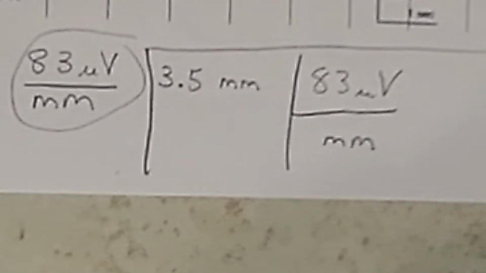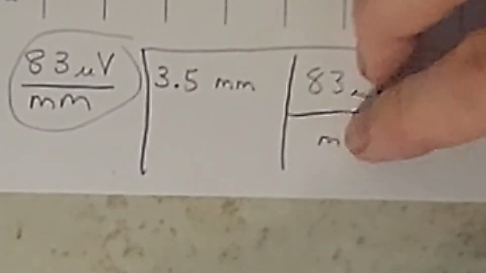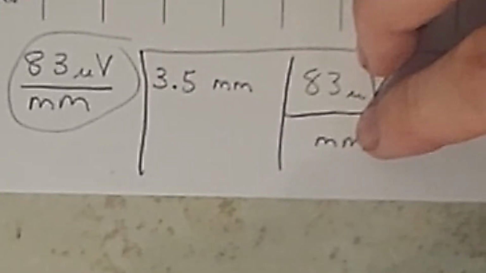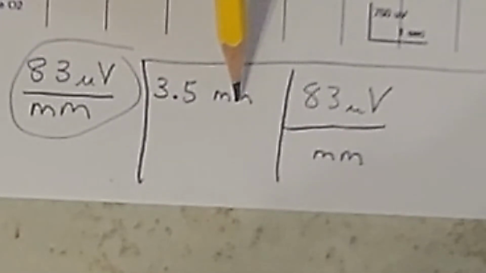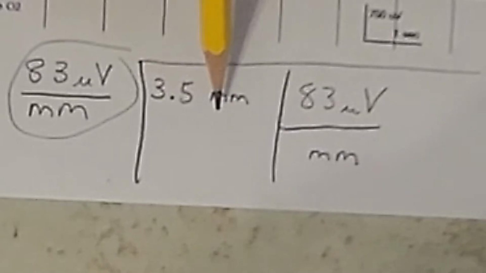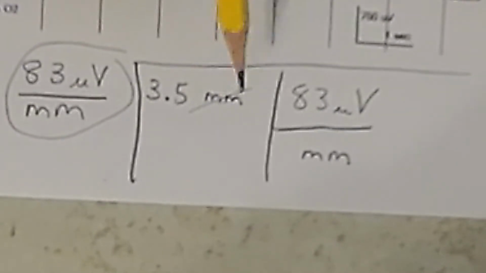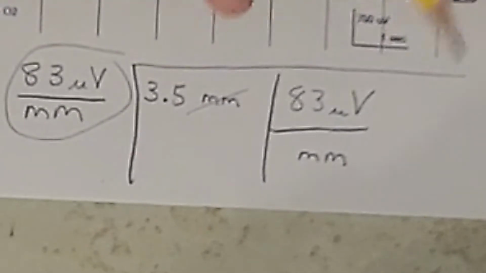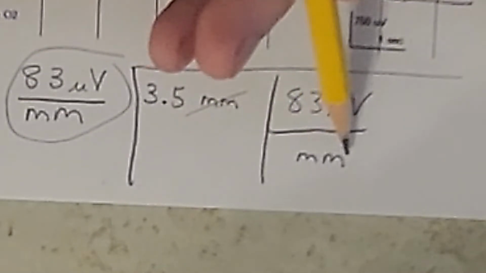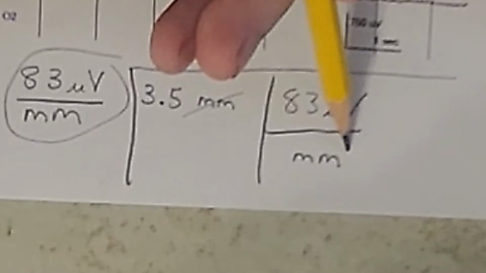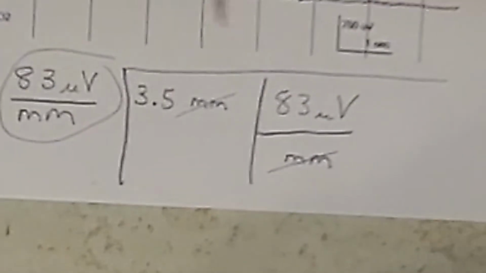And it is important to make sure that your units are arranged when you're doing EEG calculations so that the units you're trying to get rid of or convert from are canceled out. In this case, you can see the millimeter is in the numerator here, and the millimeter is in the denominator here. So millimeter divided by millimeter, the units cancel.